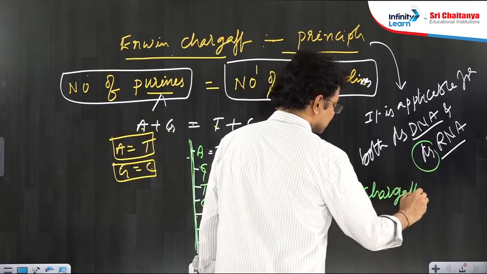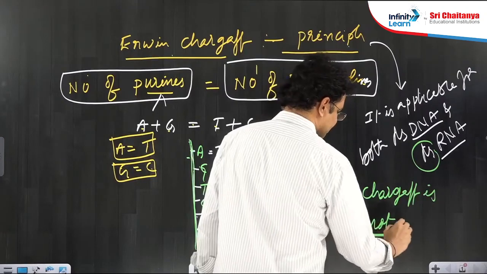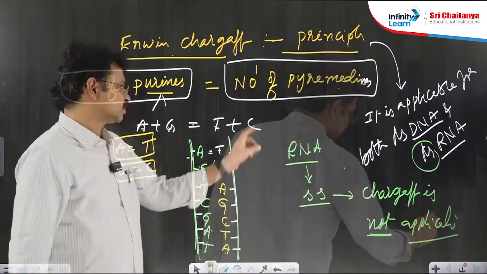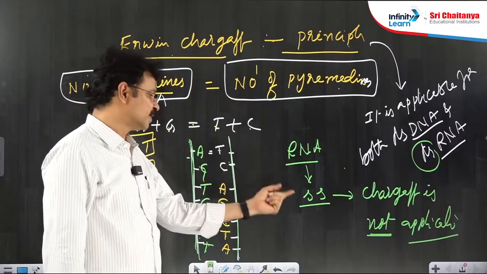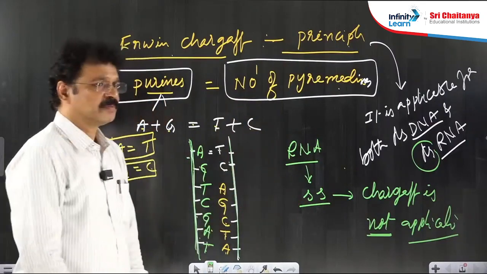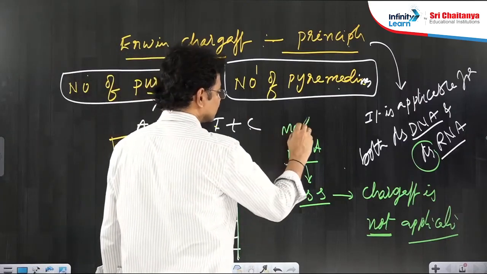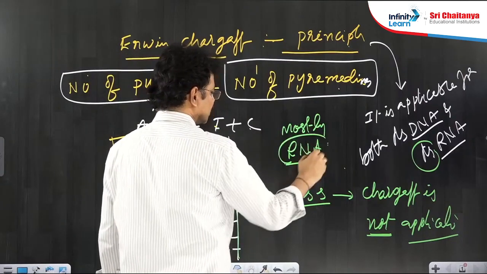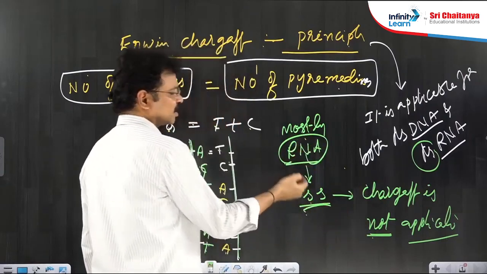The Chargaff rule is applicable for DNA, not for RNA when RNA is in a single-stranded condition. But one thing, mostly RNA molecules are single stranded, that's why the Chargaff rule is commonly not applicable.